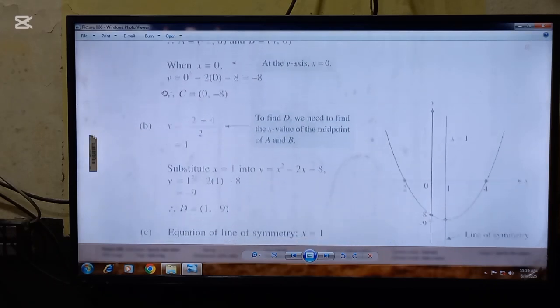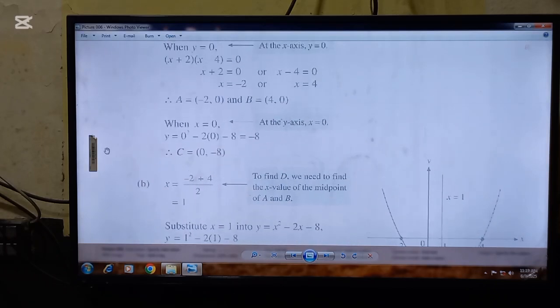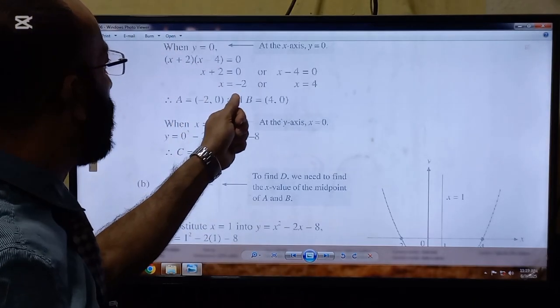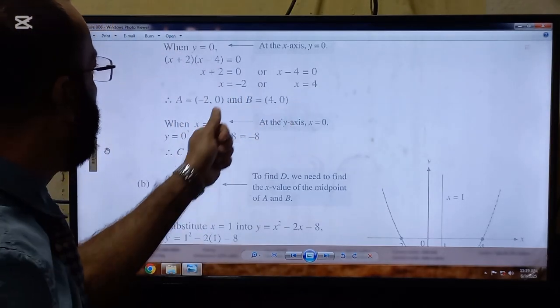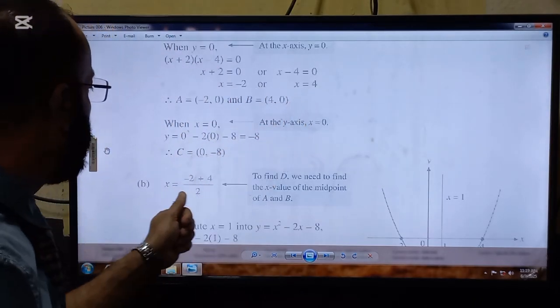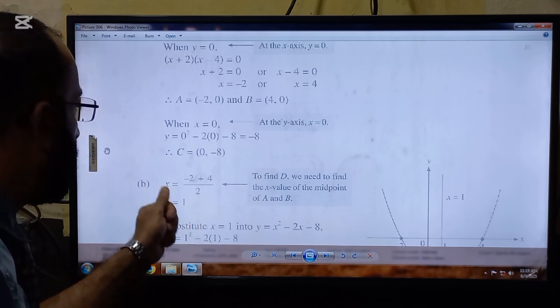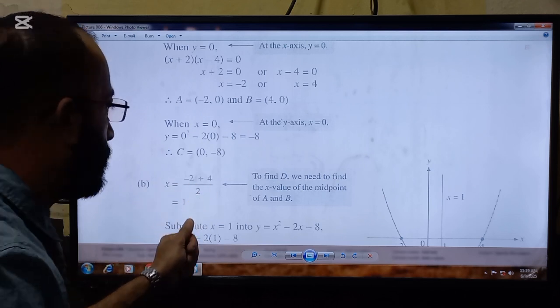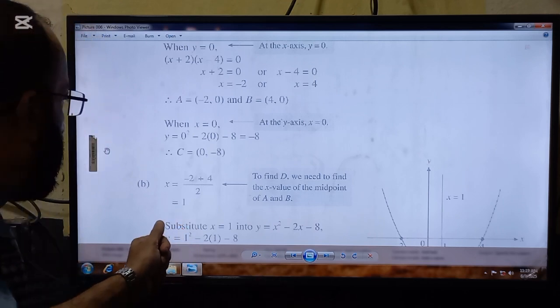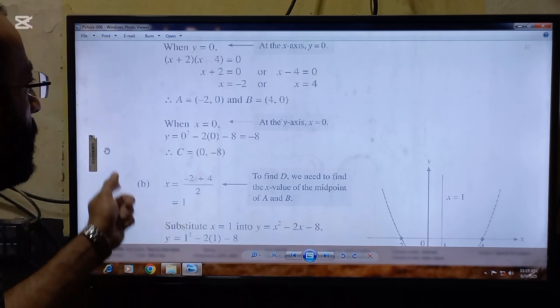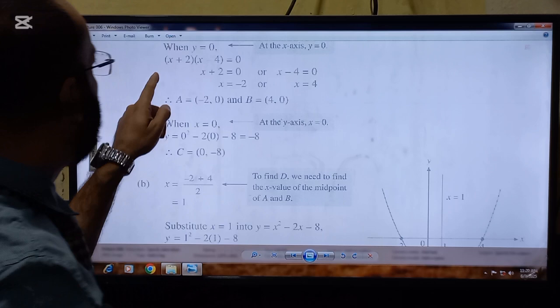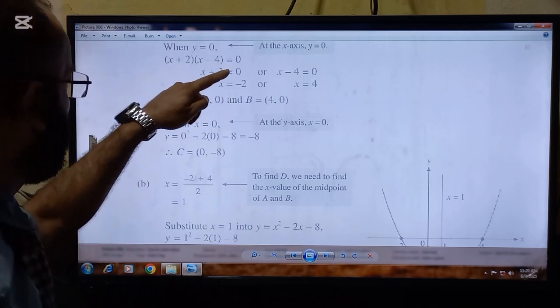So look now. The x coordinates were -2 and 4. So we will find the midpoint of -2 and 4. So -2 plus 4 divided by 2. The answer will be 1. So this is the x coordinate, substituting 1 into the equation, and the equation was this one.